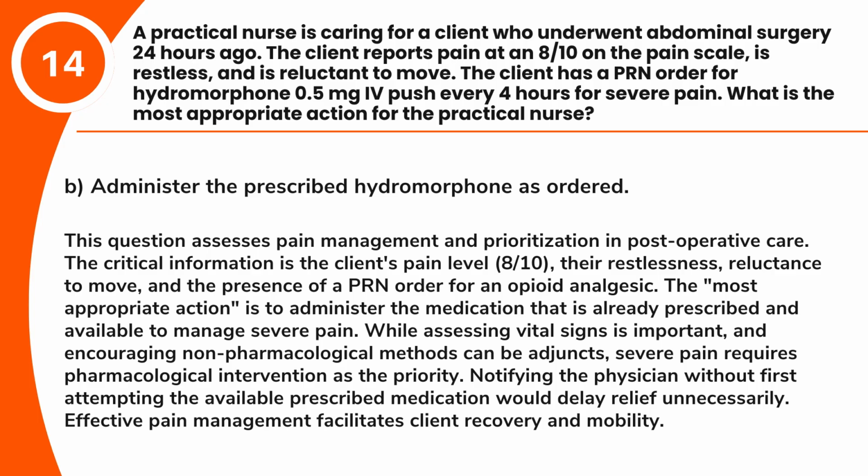While assessing vital signs is important, and encouraging non-pharmacological methods can be adjuncts, severe pain requires pharmacological intervention as the priority. Notifying the physician without first attempting the available prescribed medication would delay relief unnecessarily. Effective pain management facilitates client recovery and mobility.